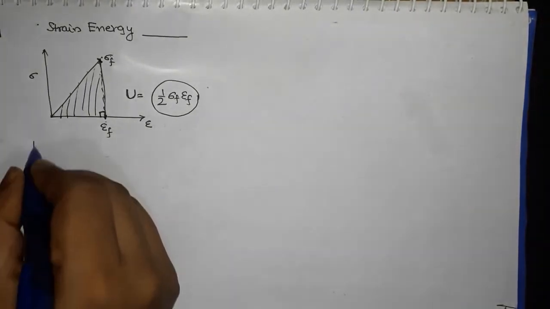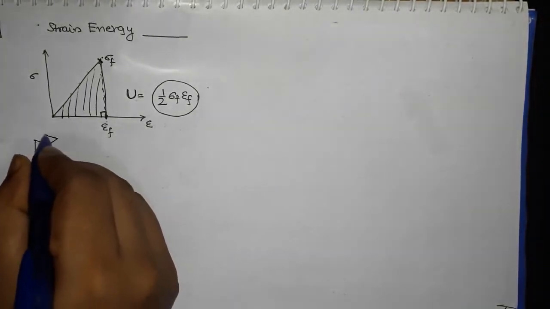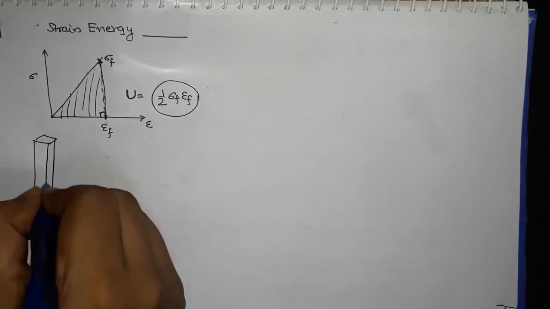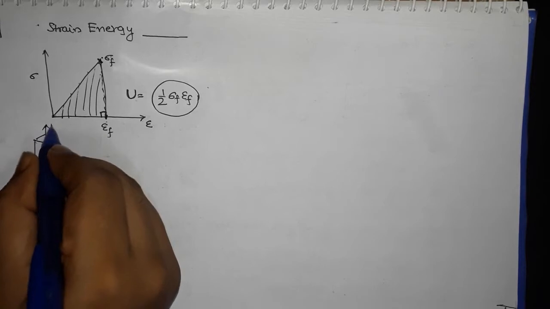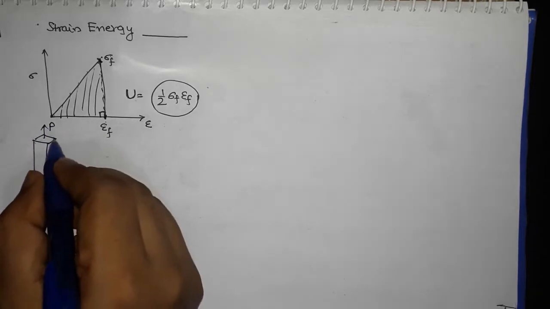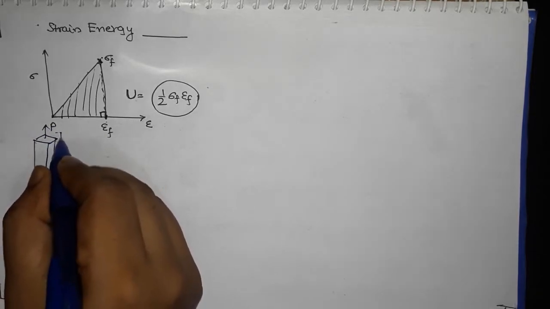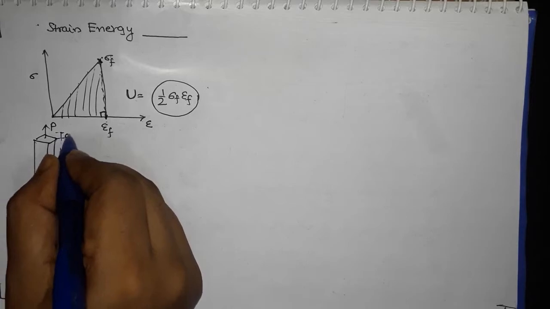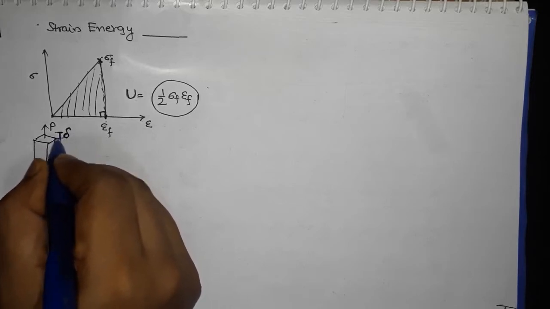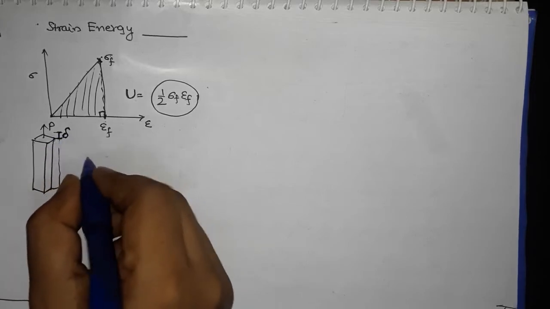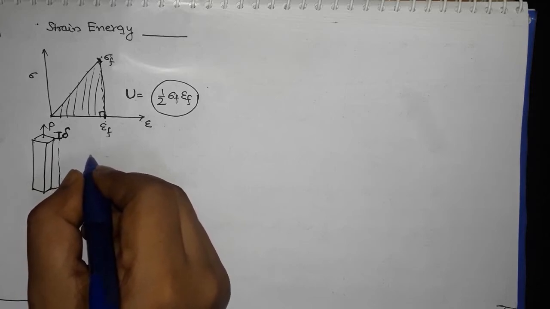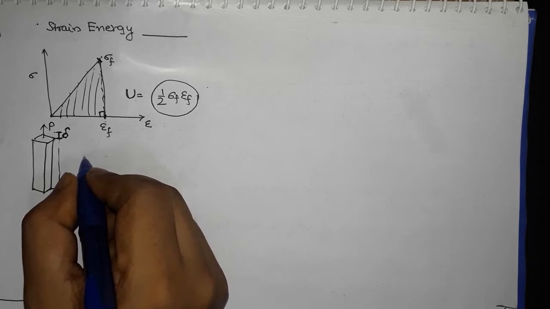So now suppose this was our piece of a specimen, and you applied a force of P, and it had an elongation of delta. Okay, so my energy will be force into displacement, right?